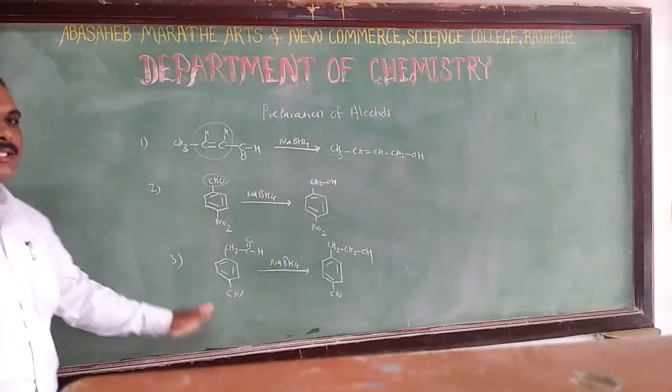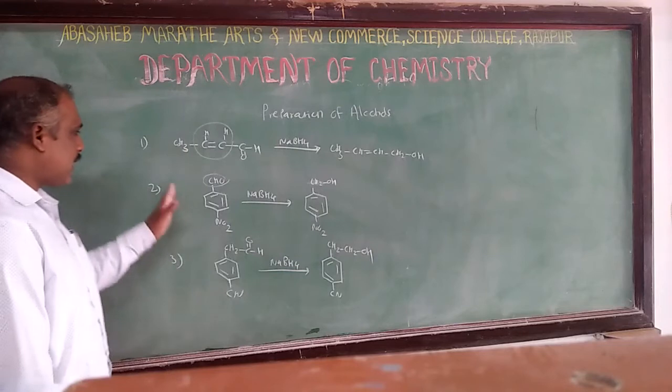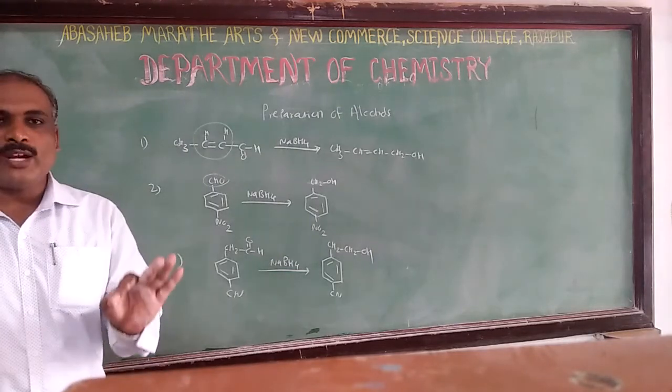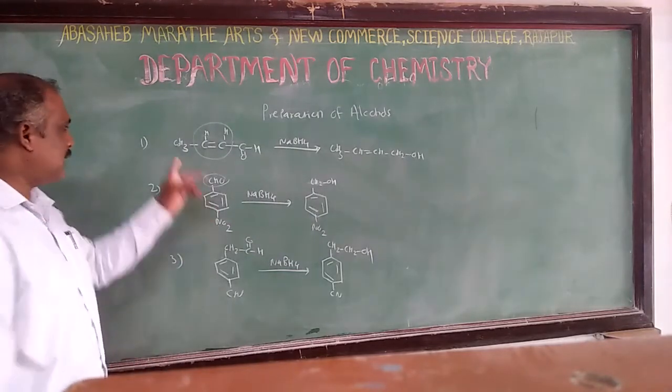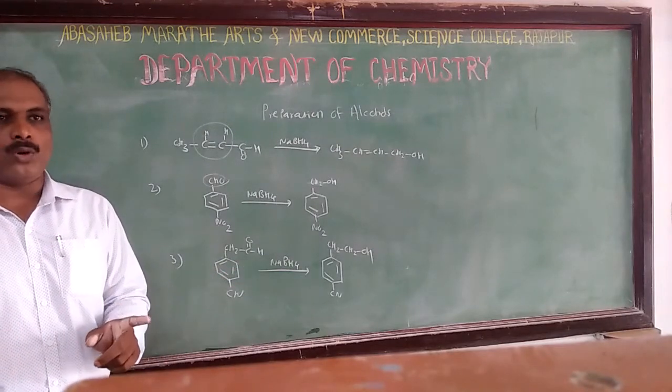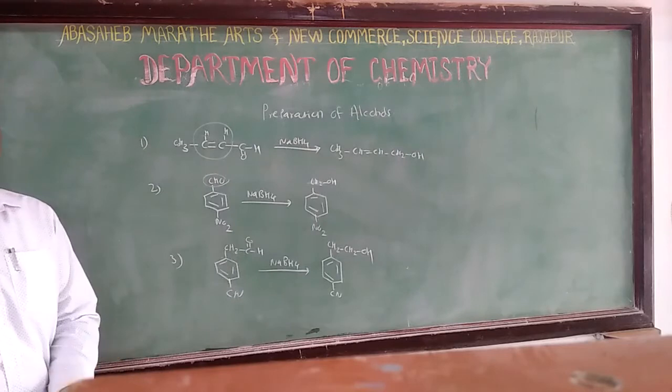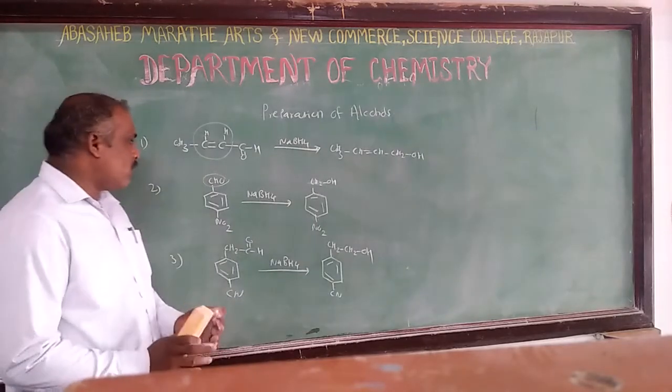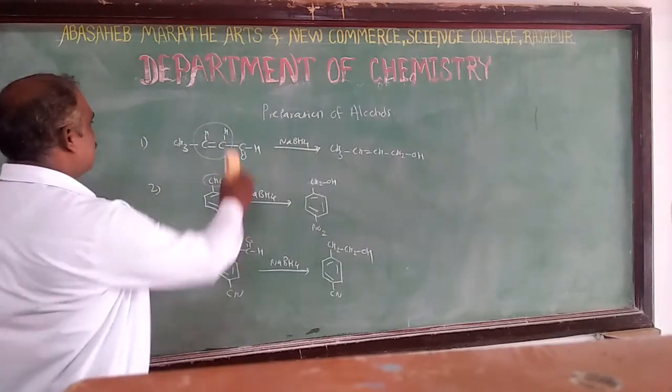So these are some of the examples we have seen here. The aldehyde group present in the compounds is converted into alcohols by using sodium borohydride.